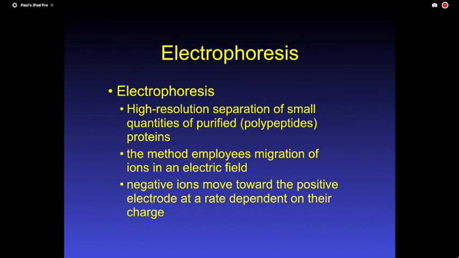Electrophoresis is an analysis. It's going to be a separation, but it's going to be analysis. It is high resolution, much higher than anything that we've seen up to this point in time. That means I can separate very small differences. Okay. It is also going to be very tiny amounts, and by the end of the process, the protein is inactive.